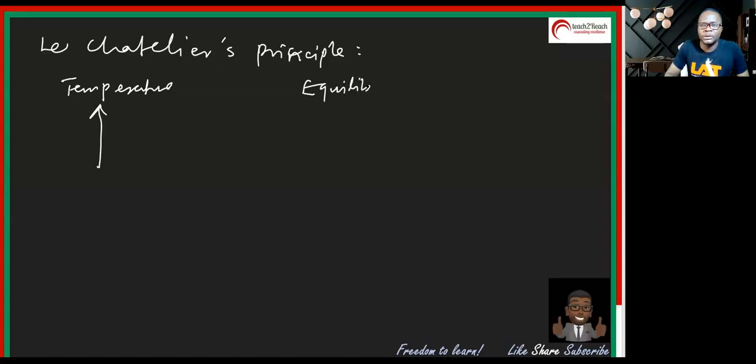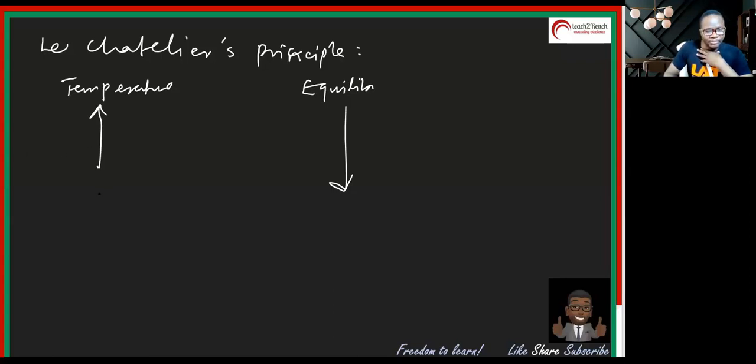Equilibrium will reduce the temperature. That means equilibrium does the opposite of the change that alters equilibrium. The change here is an increase in temperature, so equilibrium will attempt to reduce the temperature. Then it comes back to restored equilibrium.